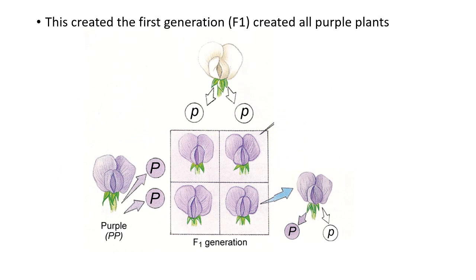So again, when he bred that white flower, which is going to be little p, with that purebred purple flower, big P, what we got was big P, little p. So we took this one right here and pulled it into here and it becomes big P, and this one comes down into here, little p.